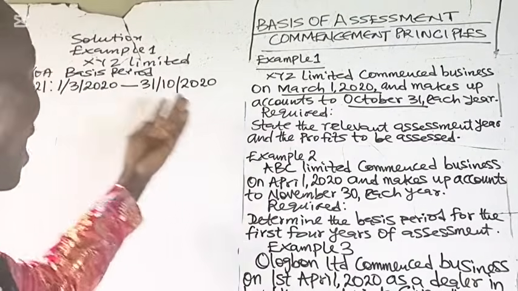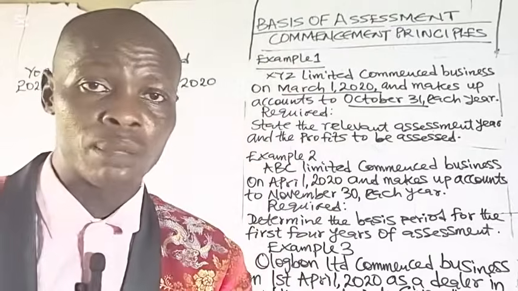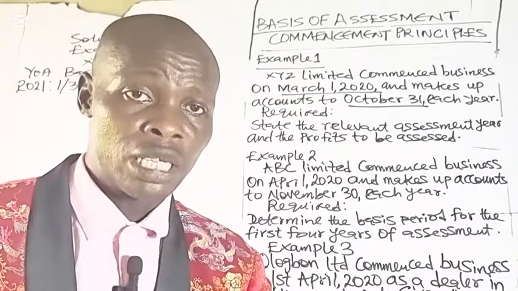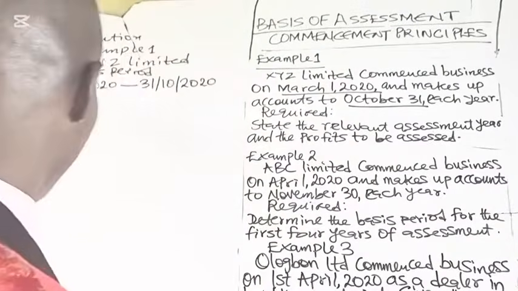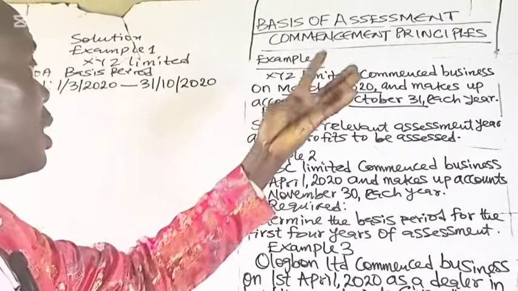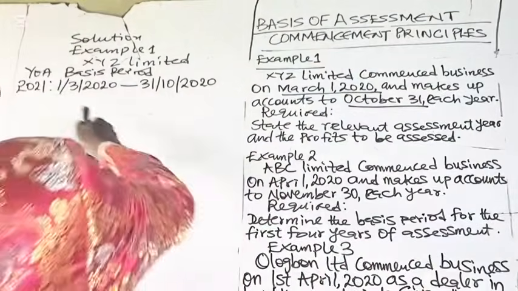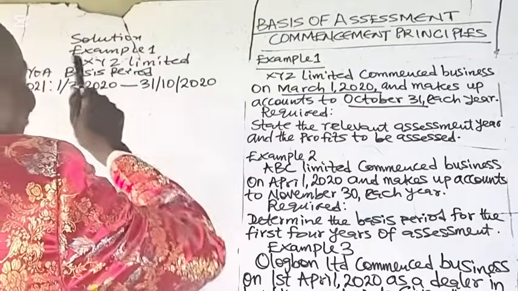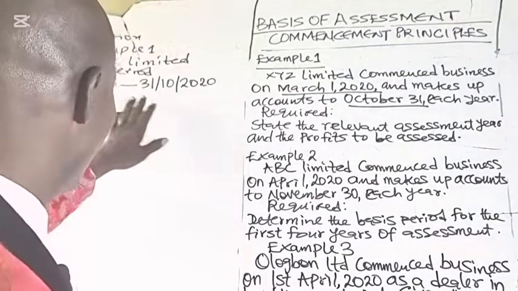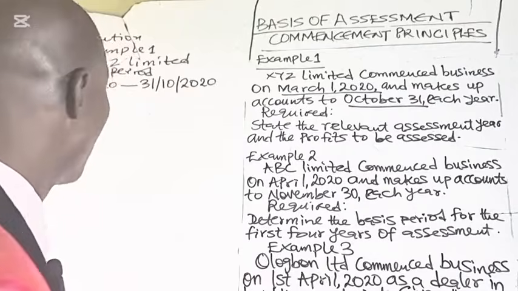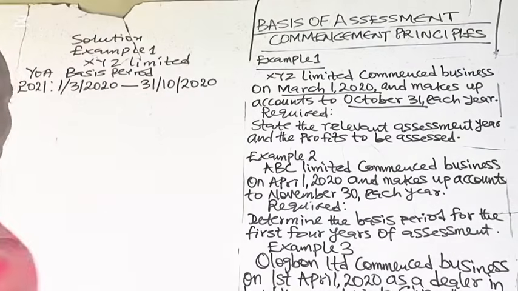I've told you that you can have an abnormal basis period on commencement of business, cessation, and change in accounting date. If you count this period, March, April, May, June, July, August, September, October, from March to October 2020, that is 8 months. So the basis period is not a period of 12 months. That is the solution to example 1.